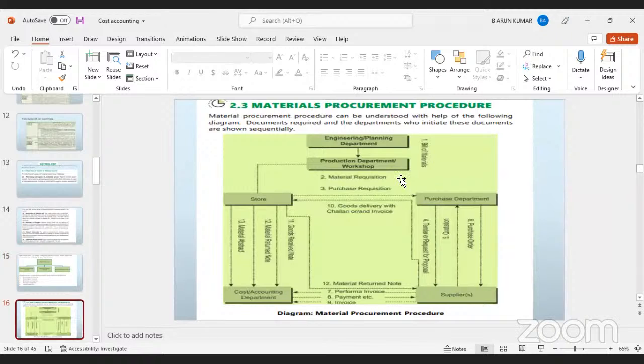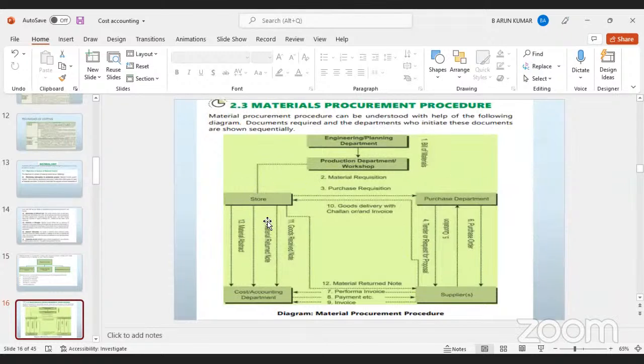Okay, there are almost 13 different stages, and at each stage we do different types of activities. The material procurement procedure can be understood with the help of the following diagram. In the diagram, we understand how we procure the materials: the documents required, and the departments who initiate these documents, are shown subsequently.